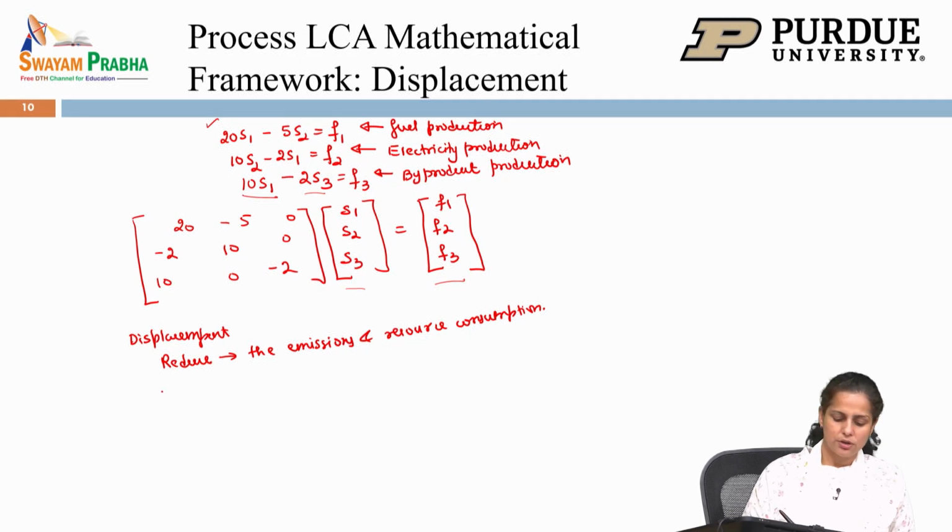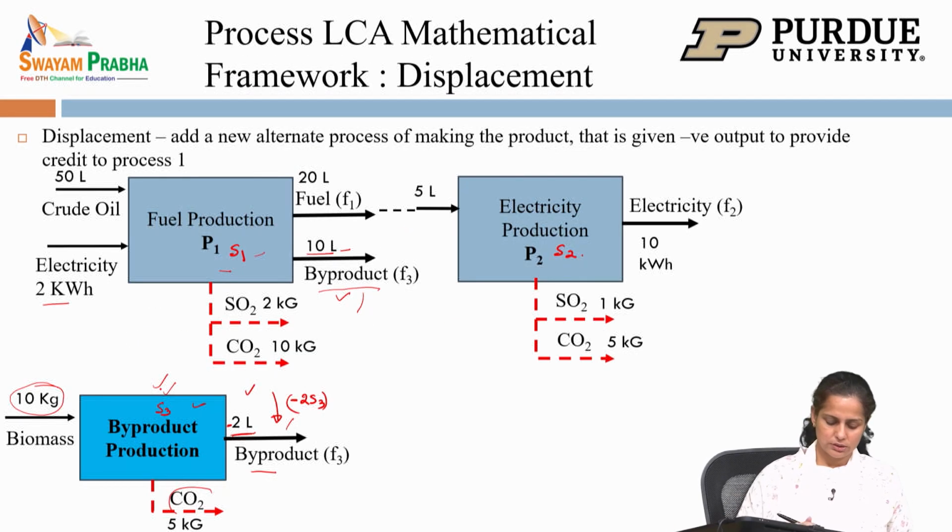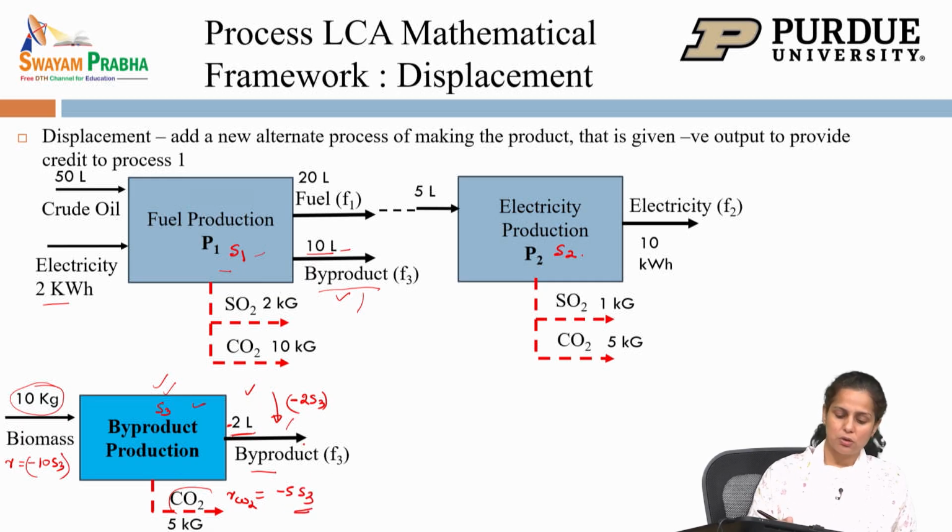So, you will know the R biomass. Here the consumption is going to be minus 10 times whatever S3, and we are going to reduce by that amount, and R CO2 is also going to be minus 5 times the S3, whatever we are getting for reduction because of the net production in the network, that is what we will get.